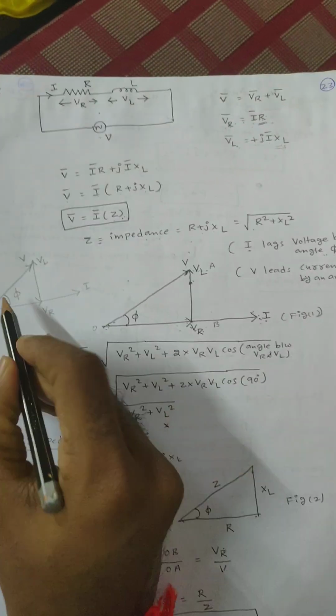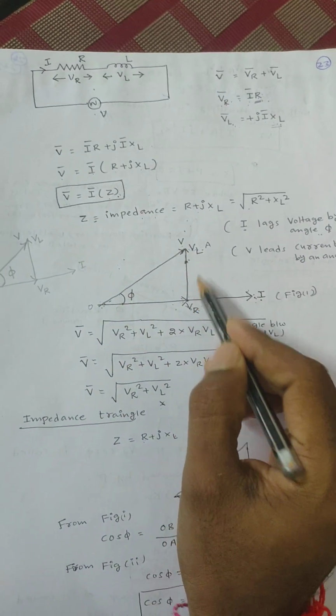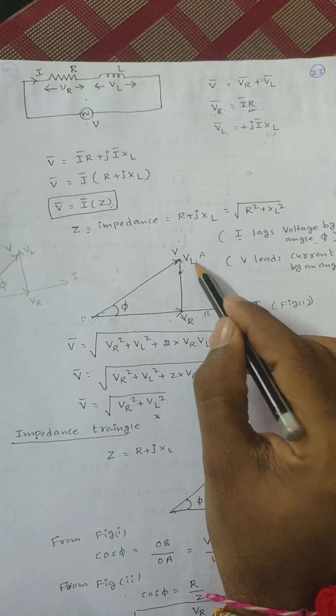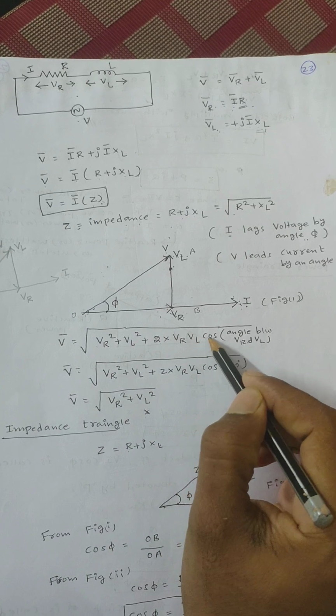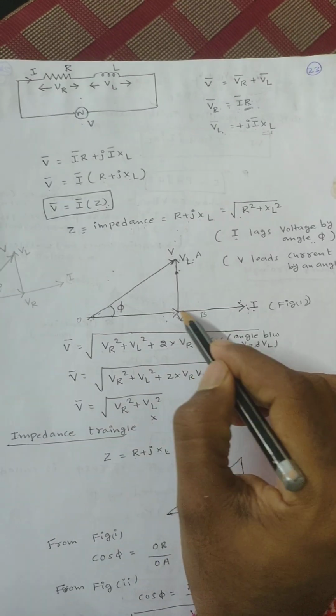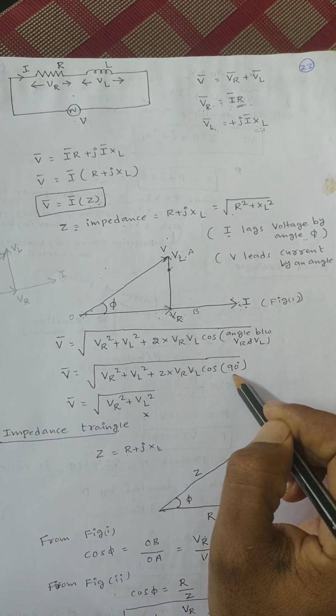Now see here, from this equation, if I use the vector sum formula, the total voltage V bar is equal to under root VR square plus VL square plus 2 into VR into VL into cos of the angle between VR and VL. The angle between VR and VL is 90, right? Cos 90 value will be 0.